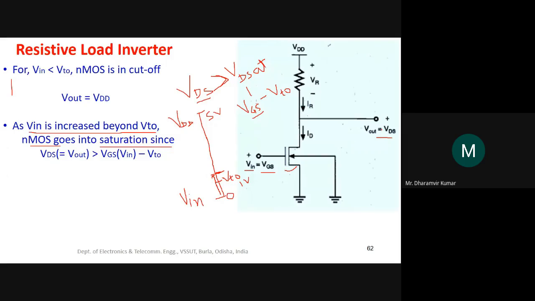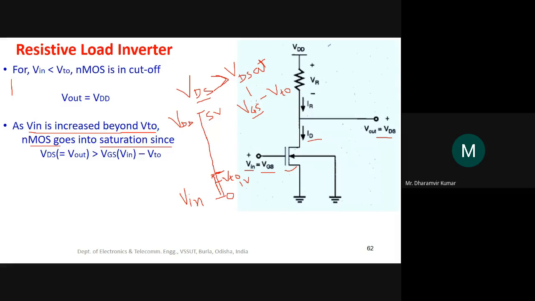And VDS is the voltage that appears across this device, and the device starts to conduct. We don't know in which mode the device is, linear or saturation; we have to decide. But since the input voltage is higher than its threshold voltage, it is conducting, and a significant amount of current is flowing through this device.